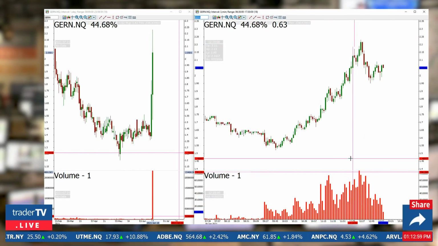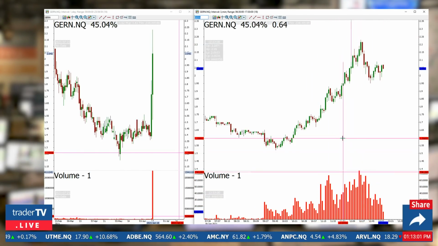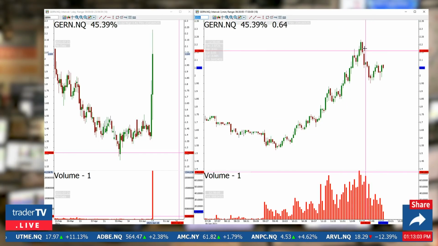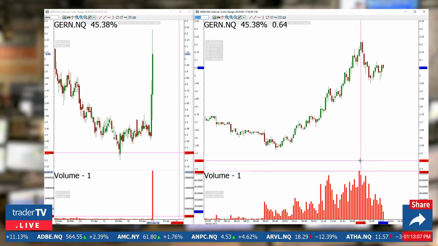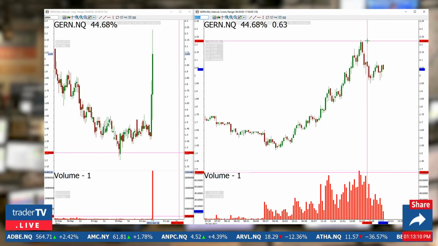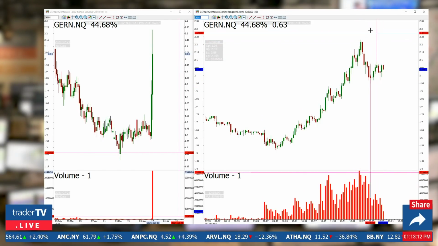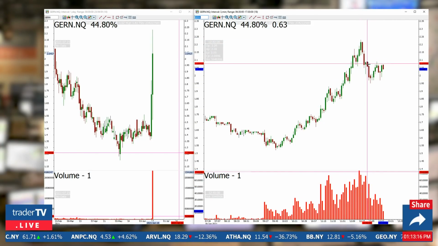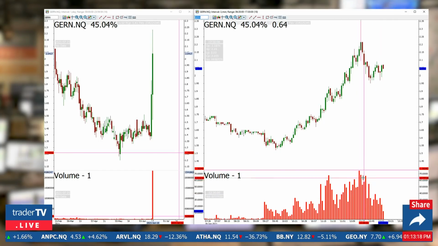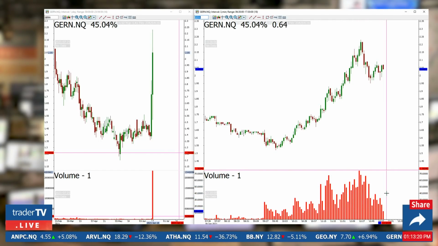Take note of almost a crescendo type volume event that happens at the very, very top. So the highest volume of the day happens down here when we get to the very top of the actual move. And then also take note that while the stock is starting to come back in, the volume is also starting to come back in.